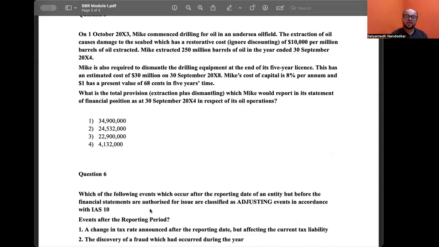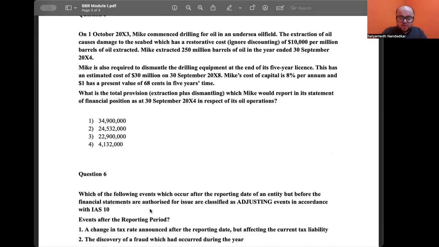Mike is also required to dismantle the drilling equipment at the end of its 5-year license. This has an estimated cost of 30 million on 30th September 2008. Mike's cost of capital is 8% per annum and $1 has a present value of 68 cents in 5 years time. So the discounting factor for T5 is 0.68. Okay, that is what this means.